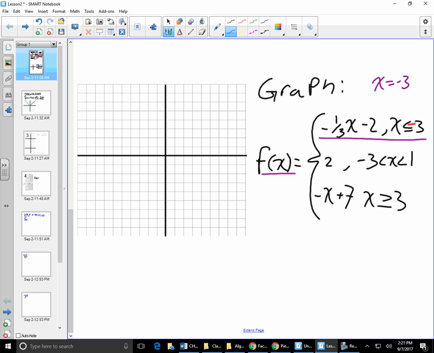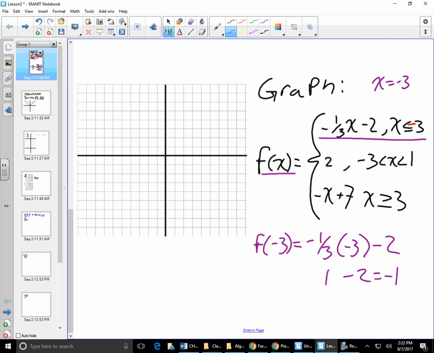So negative 1/3 times negative 3 is positive, right? And it's positive 1 minus 2. So I'll write this out: negative 1/3 times negative 3 minus 2. This is essentially calculating f of negative 3. And this would be 1 minus 2, which is equal to negative 1.